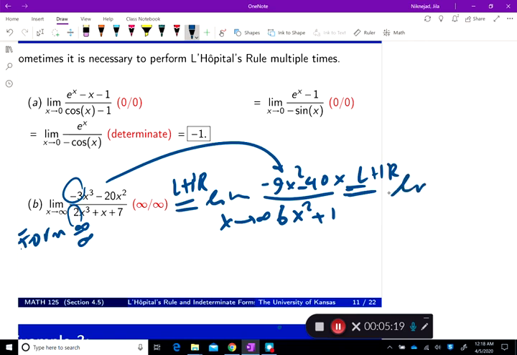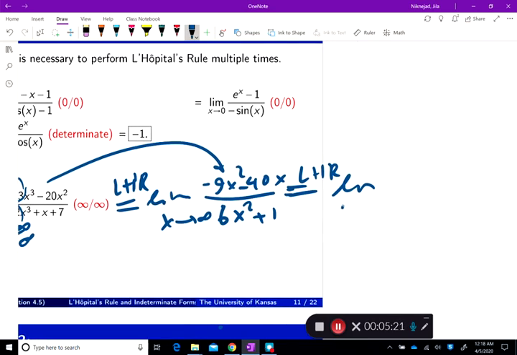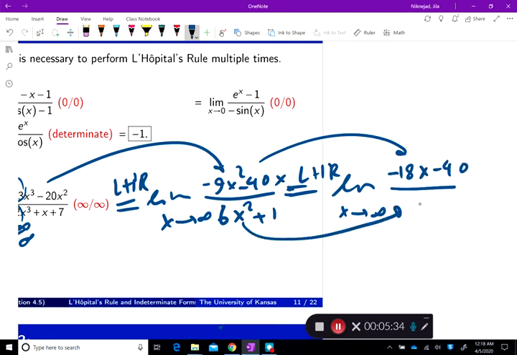This time I'm taking the derivative of the new one, and the derivative of that one is negative 18x minus 40. The derivative of this one is 12x, and again infinity over infinity. This time I'm writing it here.